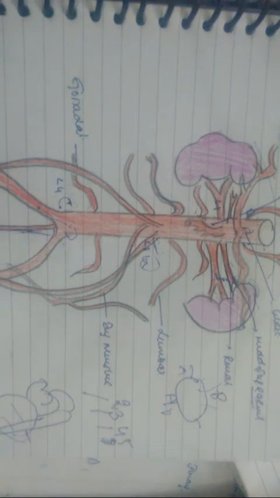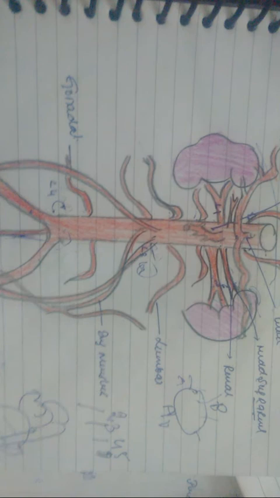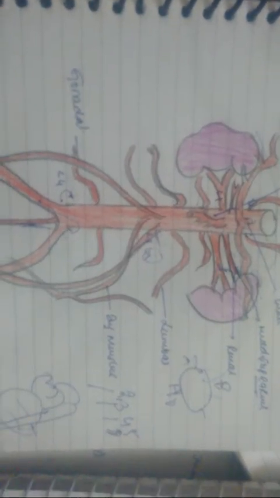So now it's time to understand a few other branches. The ones we are involved with right now are the branches at the lateral aspect. Let me read what's written. If you look at this, a beautiful structure of the lateral branches. You can see one of the branches here is the inferior phrenic, then the middle suprarenal, the renal, and the gonadal.